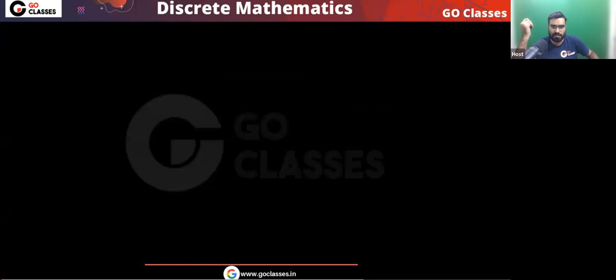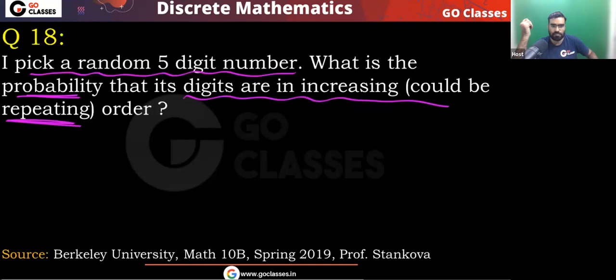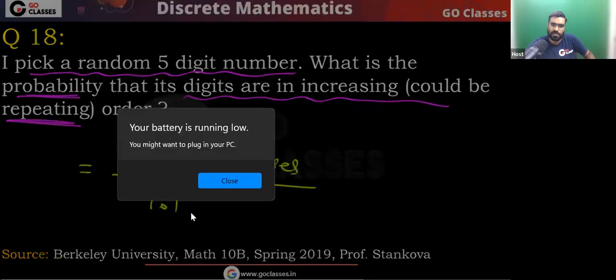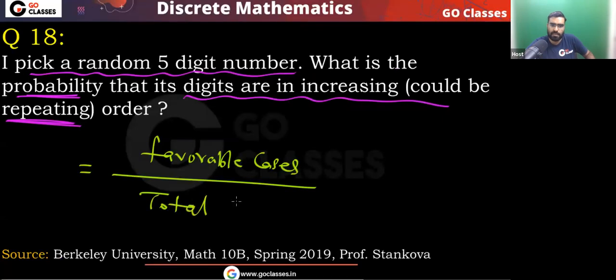Which template is this? See, this is your probability. The question is asking for probability. So the answer will be favorable cases divided by total cases.